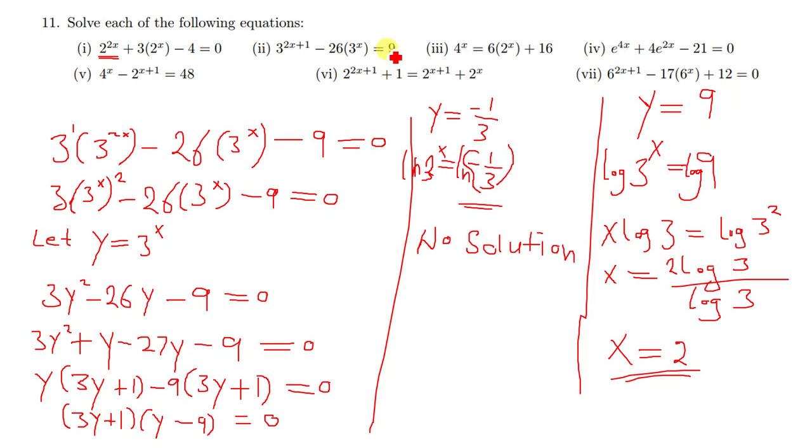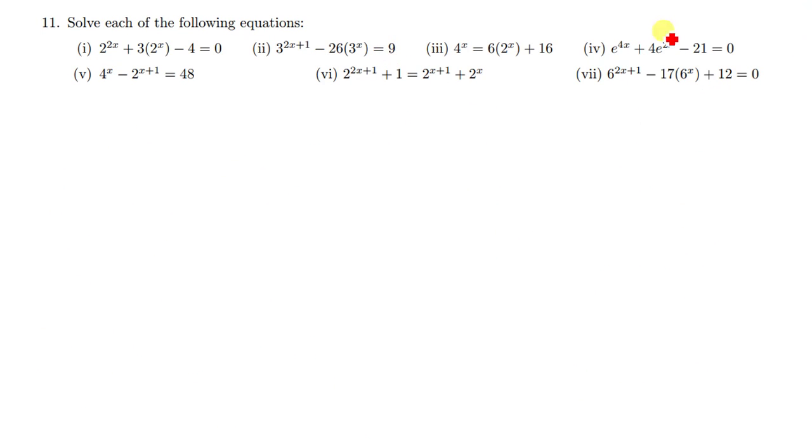So the last question I'm going to do is the one that involves e. Because some of you, when you see e, you think you've already failed the question. No, the way you consider e is just the same way you consider other numbers. So let's try to solve this question, which is question 4.